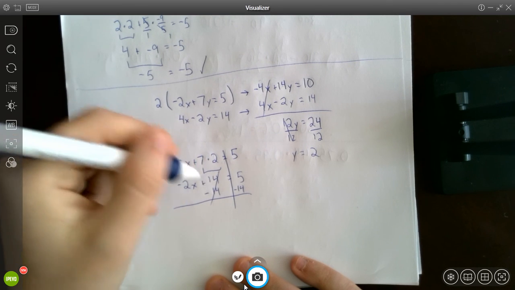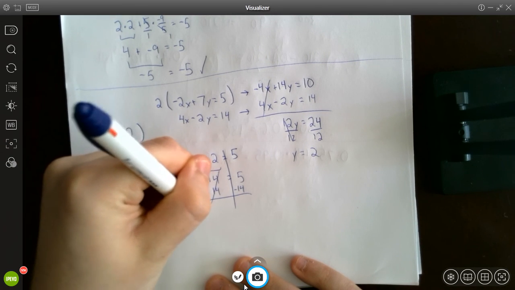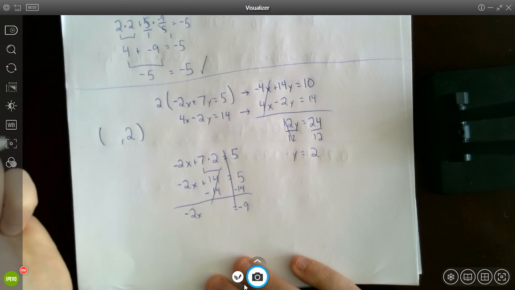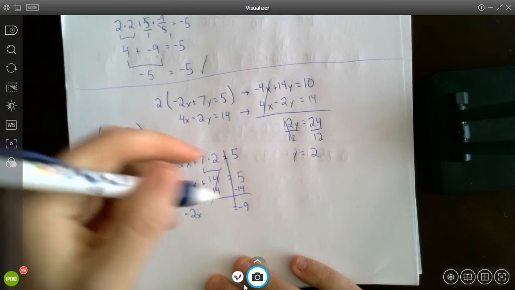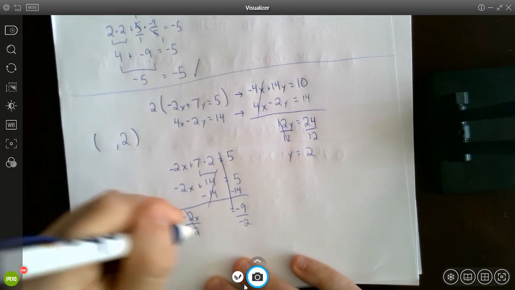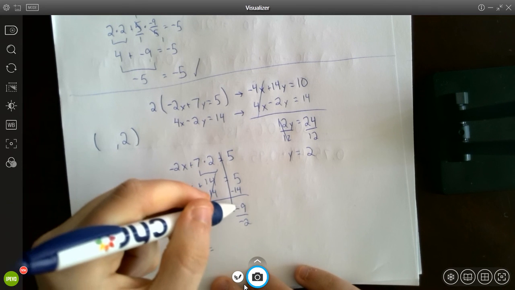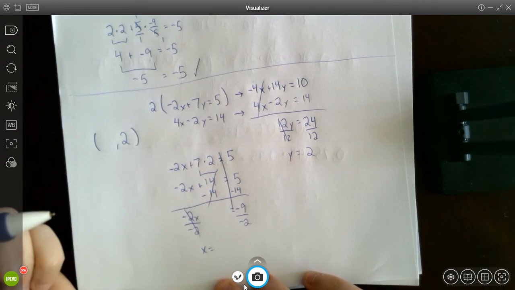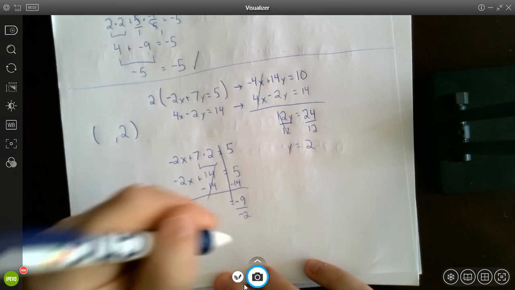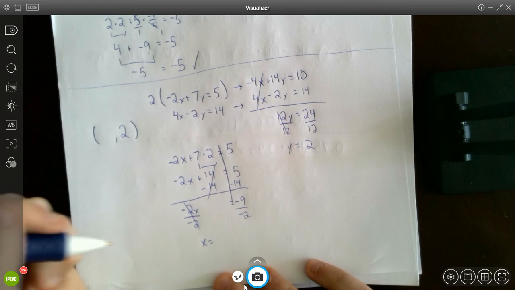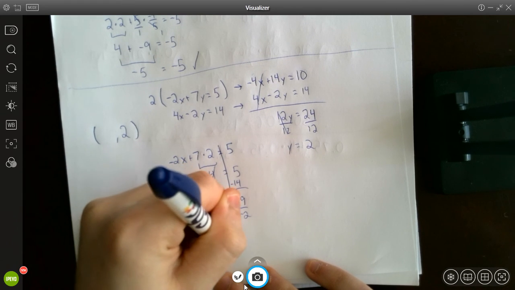We subtract 14 to cancel those out. We get negative 2x equals negative 9. And then finally from there, we're going to divide by negative 2 to get that x is equal to, negative divided by negative, be careful there. That's going to give us a positive solution, and that's going to give us 9/2. Or if you want to write it as a mixed number, 4.5. Either one of those is fine.